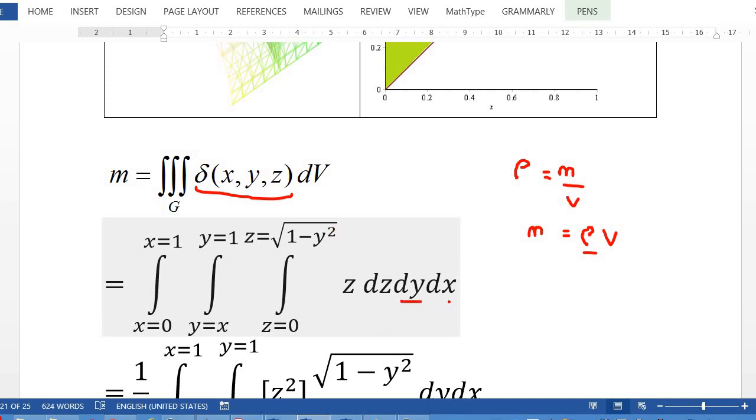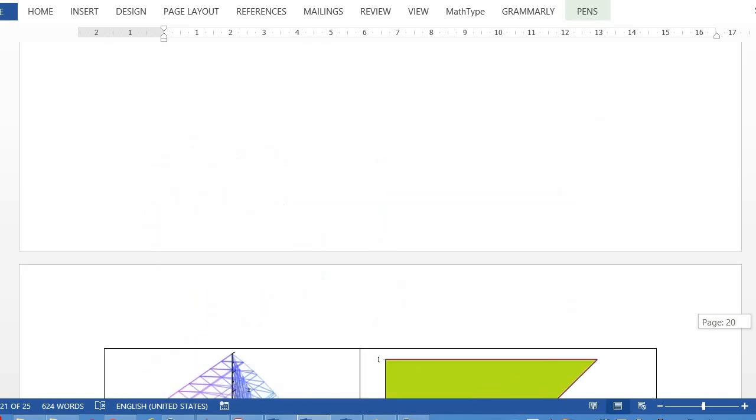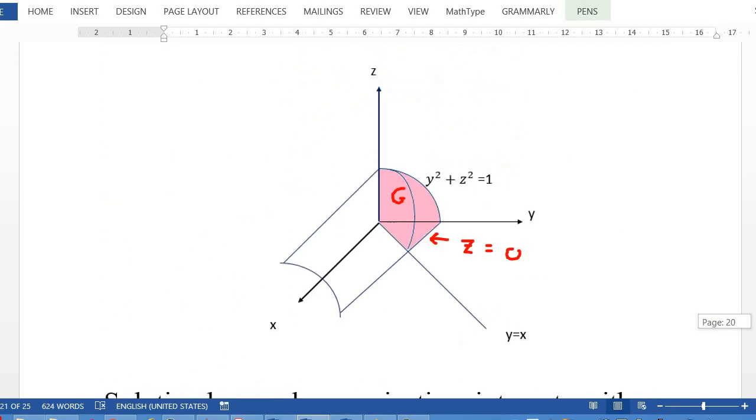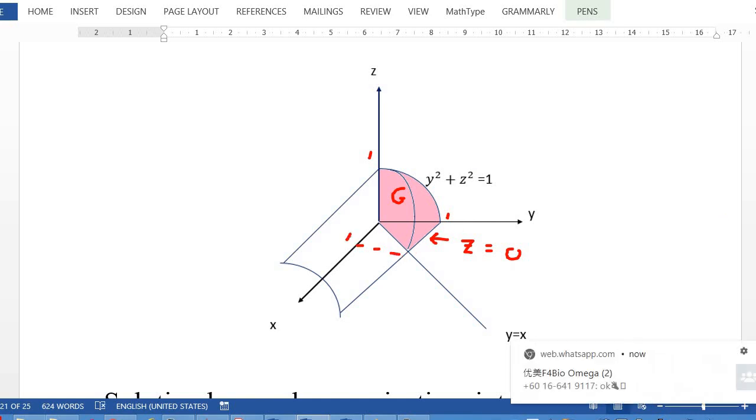And then to get the dA, you look at the projection. Here this is 1, this is 1, then y equal to x. When y is 1, x here is 1. So you have a triangle.